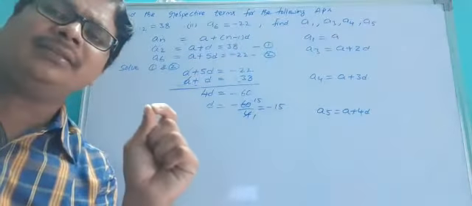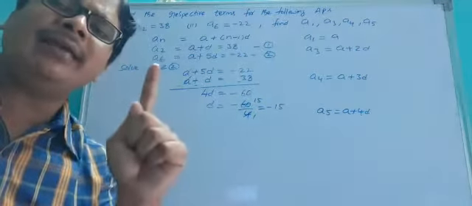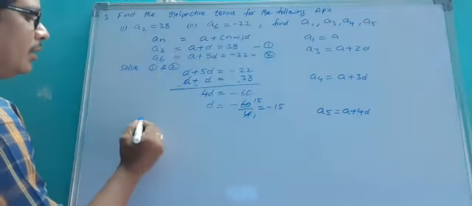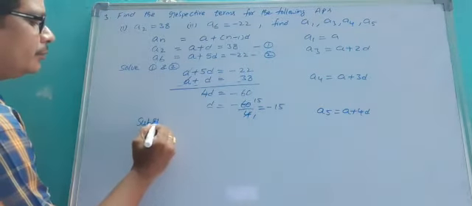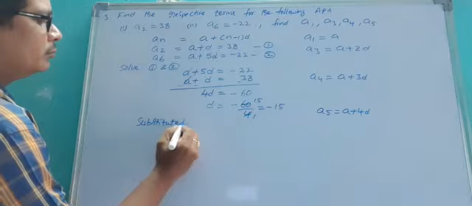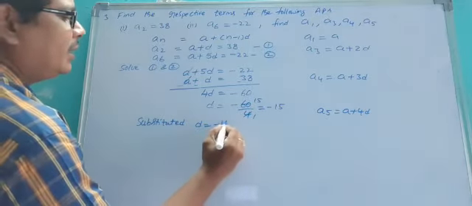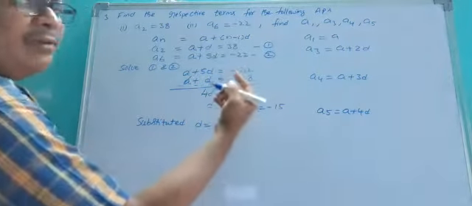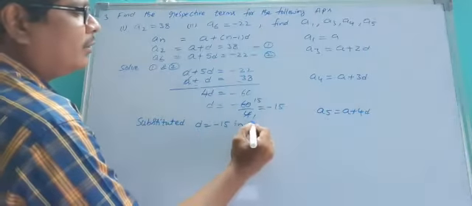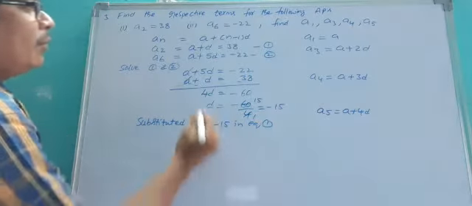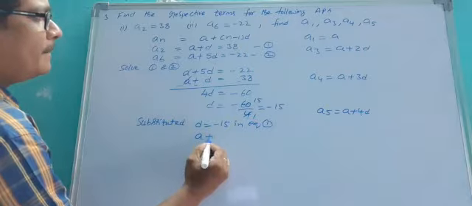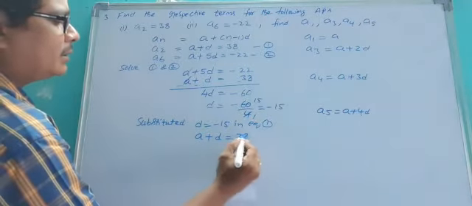With the help of this D value, we have to find the A value. Now substitute D equal to minus 15 in any one of the equations, the easiest one, equation number 1: A plus D equal to 38.